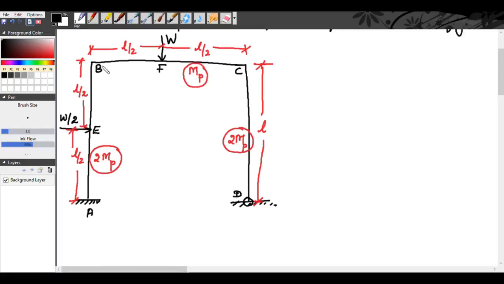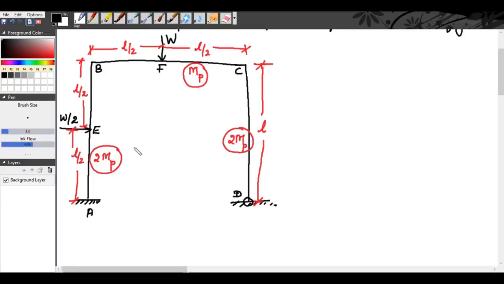Now, when you are taking the hinges, this MP is common for the points B, F and C. This MP is for the beam, and 2 MP and 2 MP are for the columns. Even when you consider the column, the joints B and C will have the plastic moment MP, not 2 MP.